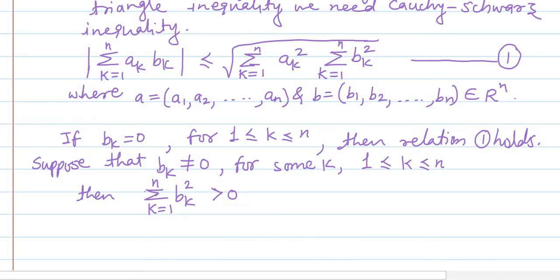So in this case we get the summation of bk square greater than 0.